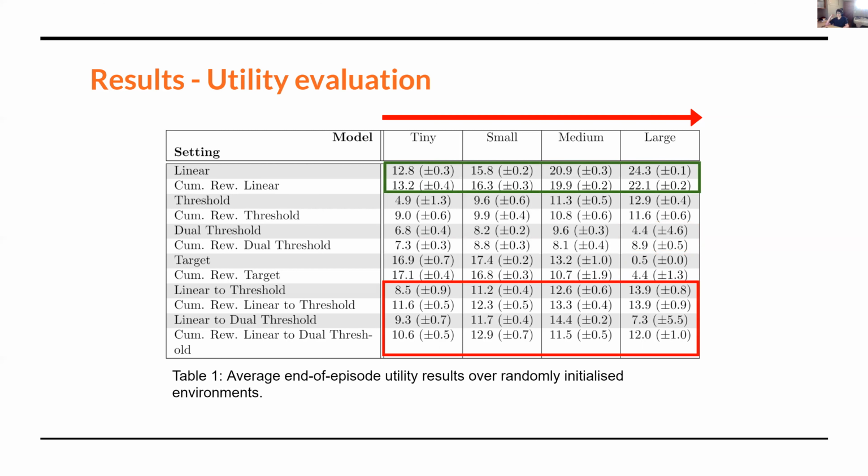The other interesting thing is that linear agents obviously outperform non-linear ones when we're only evaluating on linear utilities. This should clearly be the case, because linear agents could specialize to those utilities.